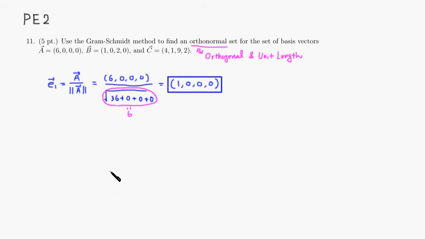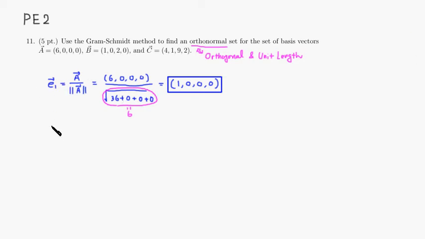Then we want to create E2 using vector B. The first thing we need to do is take away the component of B in the direction of E1, so that B doesn't have that component anymore.